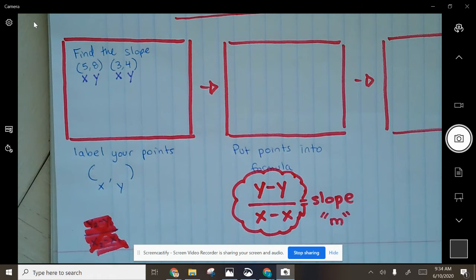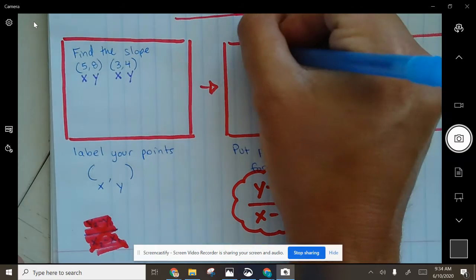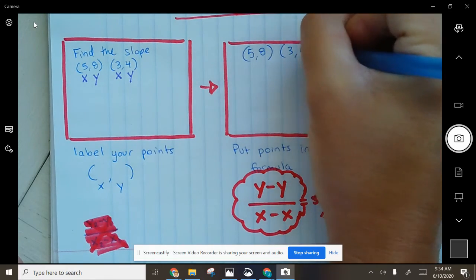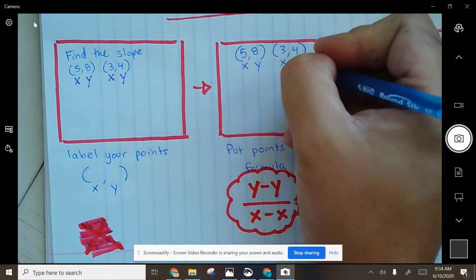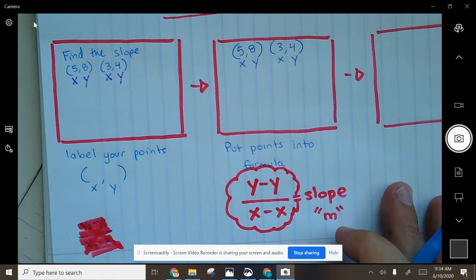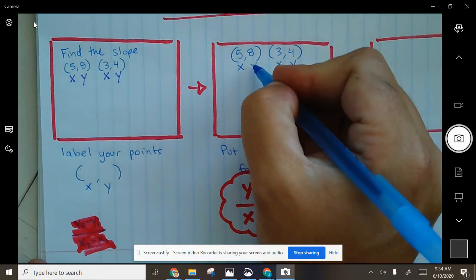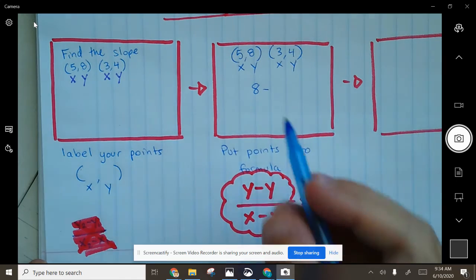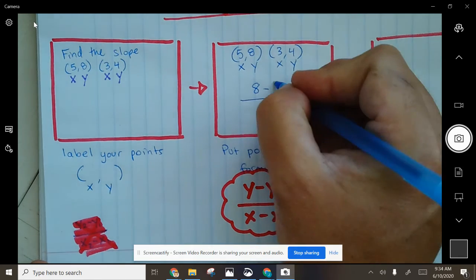So what I mean by that is you're going to choose the first Y you see here, and I'm going to put them up here. 5, 8, 3, 4. Okay? X, Y, X, Y. Now, if I look at this, the first Y you see is 8 minus, and this is the formula. 8 minus, what's the other Y? 4.